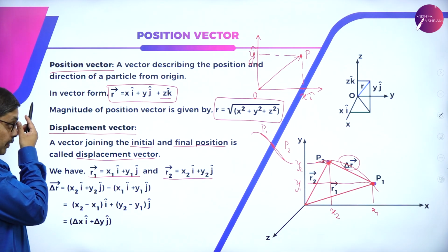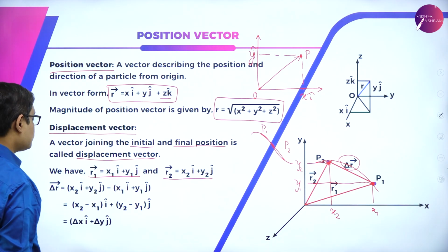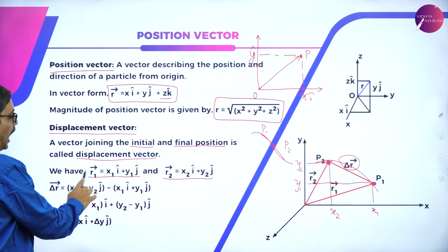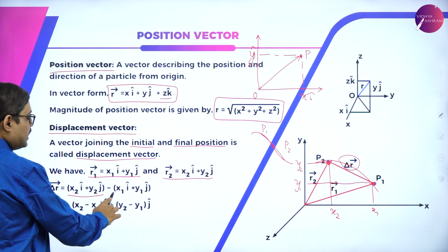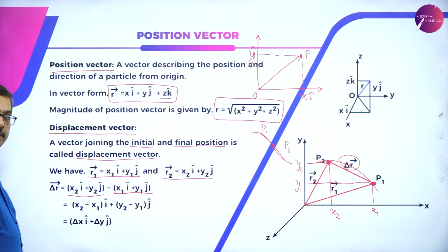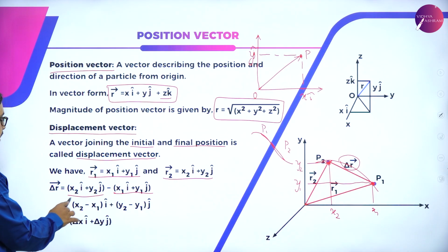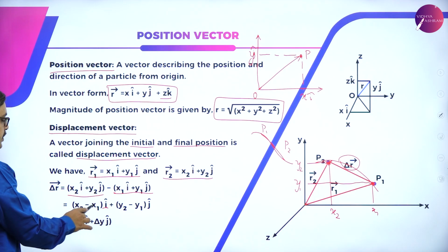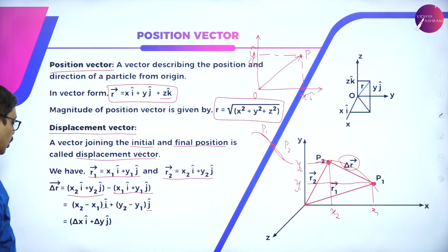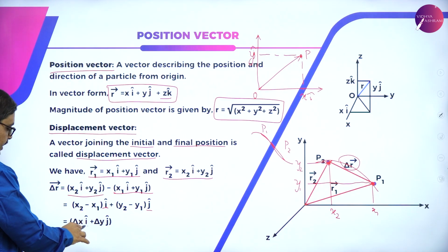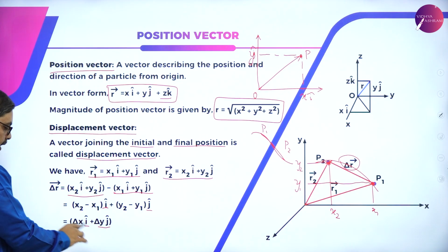Delta R is given by the difference between those two positions. So this is R2 minus R1, which is x2 i cap plus y2 j cap minus x1 i cap plus y1 j cap. If I take the differences, I'll take i cap common, x2 minus x1, plus y2 minus y1 with j cap common. What do I have? I have delta x into i cap plus delta y into j cap.